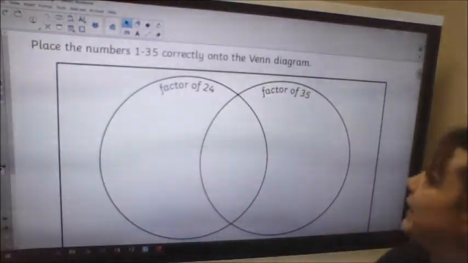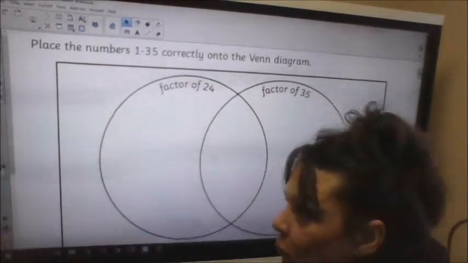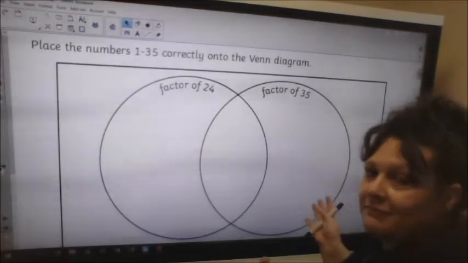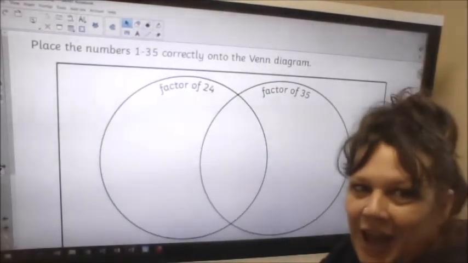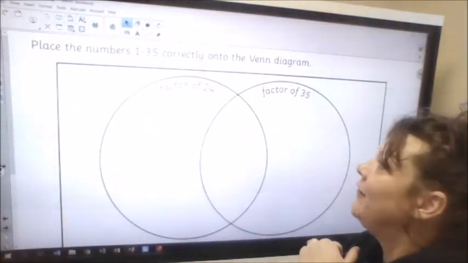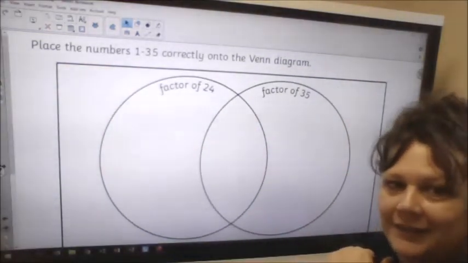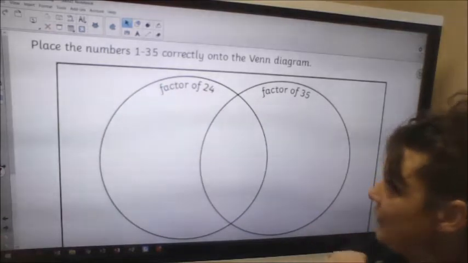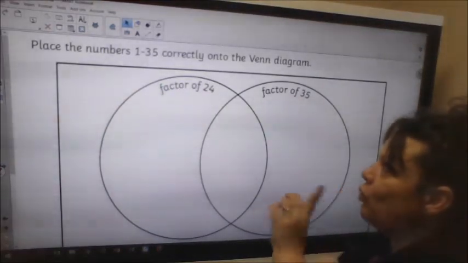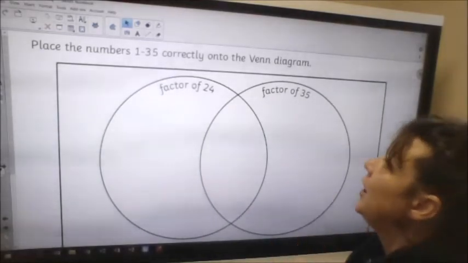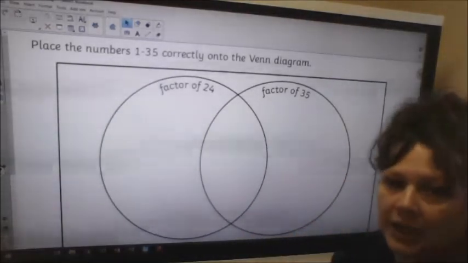Okay, so let's have a little look at what you're going to be doing next then. So if you remember, yesterday we did a similar exercise with multiples, and we had a Venn diagram, and then anything that was common to both went in the center here. So what we're going to have a little look at, we've got the numbers 1 to 35, and we've got to put them in the correct place on the diagram.